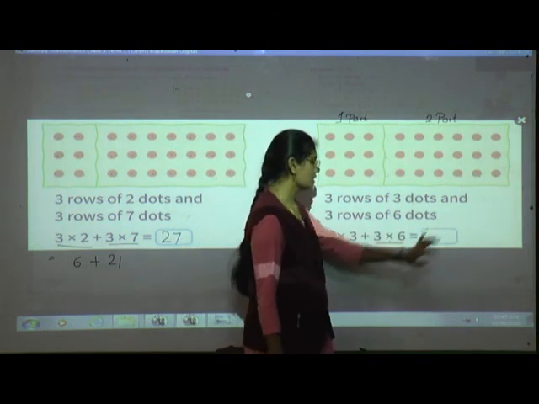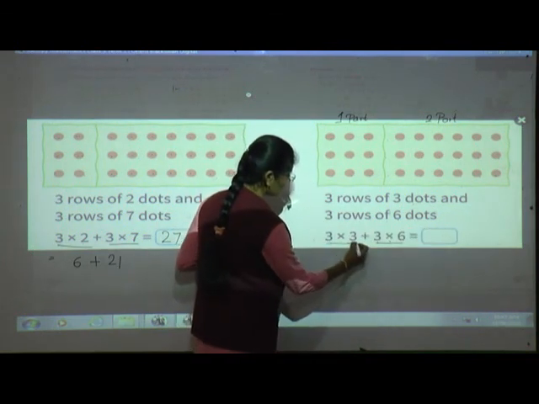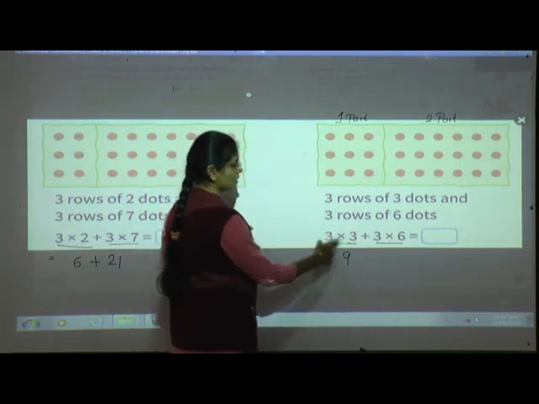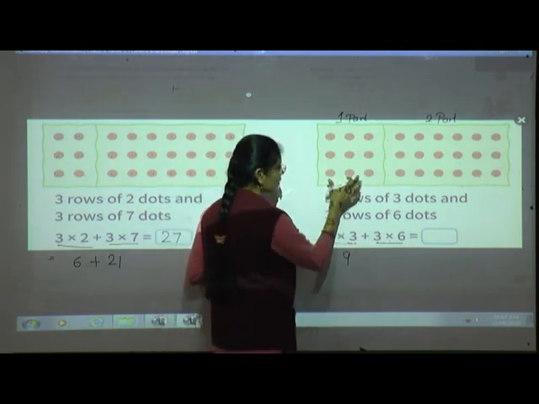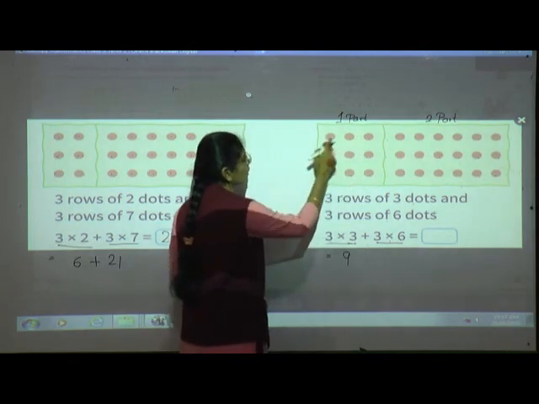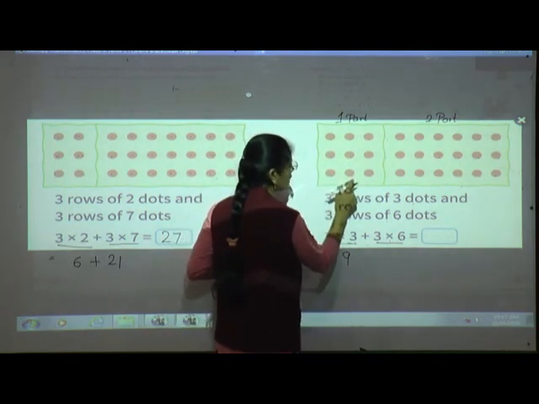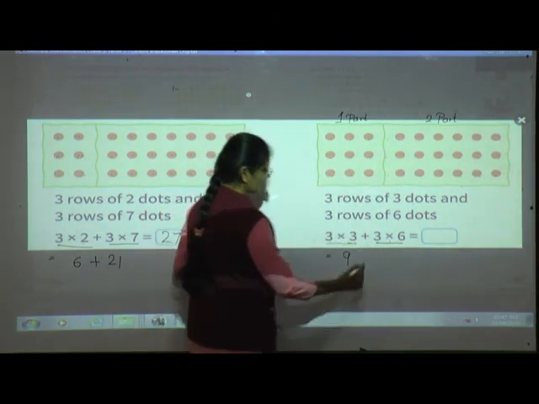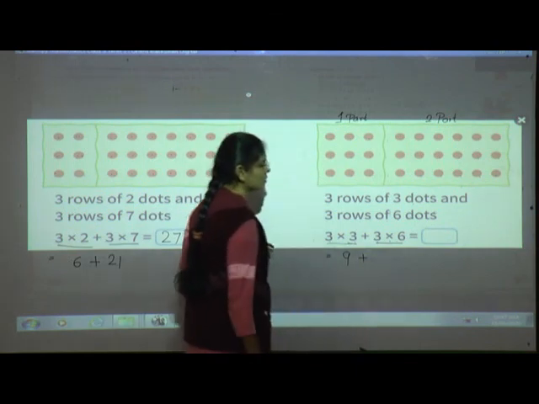Now again we'll solve this first, this second, and then finally we'll add these two numbers to get the final answer. Okay, now 3 into 3. 3 3s are 9. 3 3s are 9. Now check in the first box whether there are 9 dots or not. Check 1, 2, 3, 4, 5, 6, 7, 8, 9. In the first part there are 9 dots. Then give the plus sign.